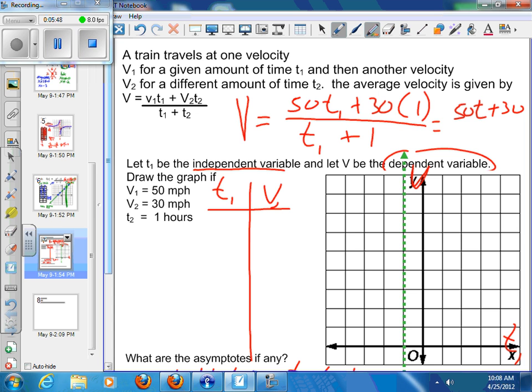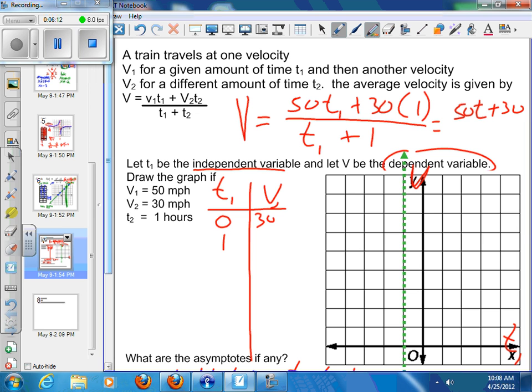So if I put in a 0, 50 times 0 is 0 plus 30 would just be a 30 over 0 plus 1. So that's just going to be 30.